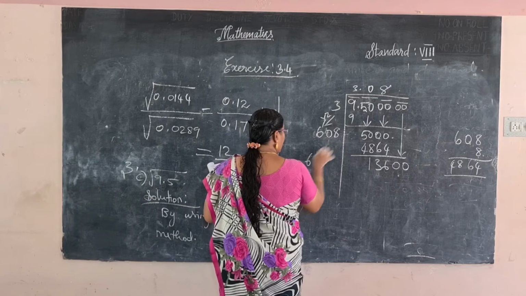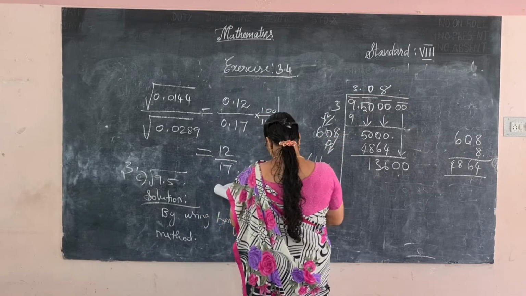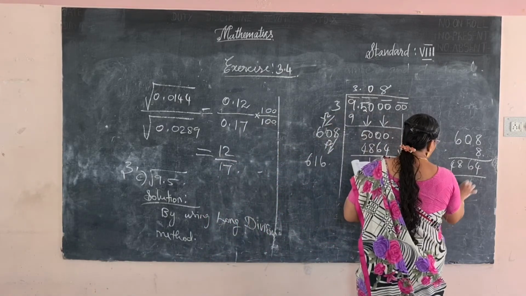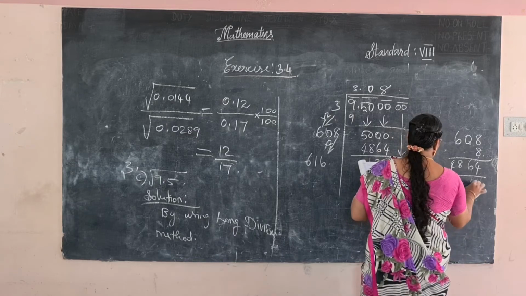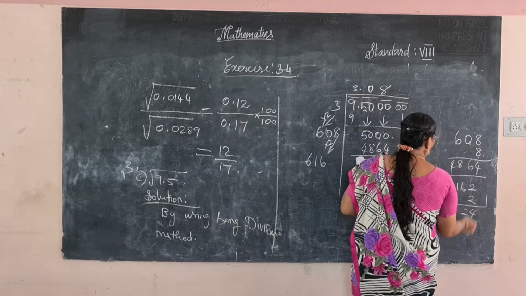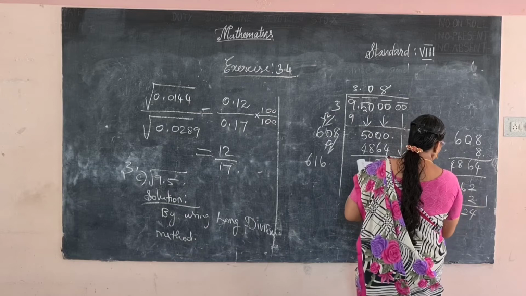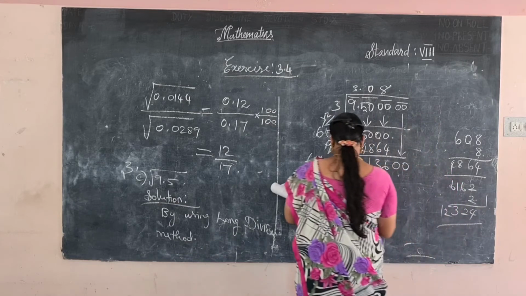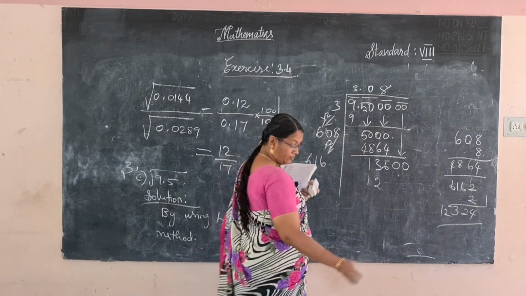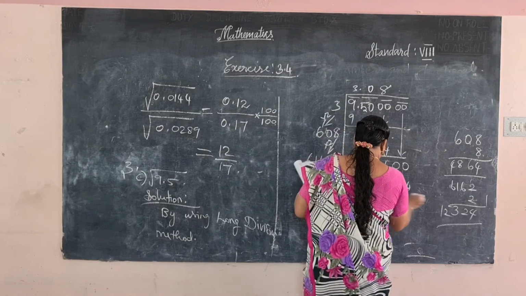So 6 multiplied by 2 is 12, 16. Now which number should we multiply with 616? We will try 2 times. 2 2s are 4, 2 6s are 12, remaining 1, 2 1s are 2, 2 plus 1 is 3, so 324.